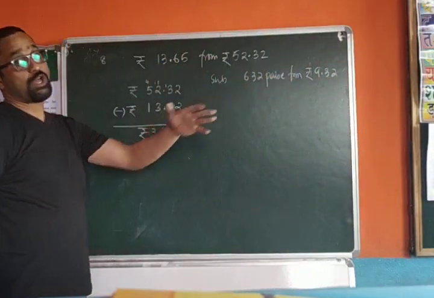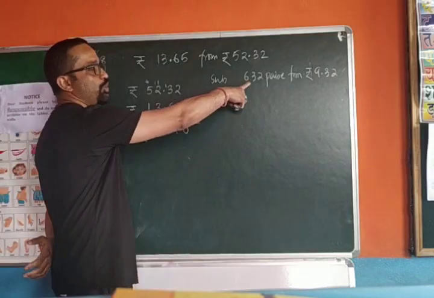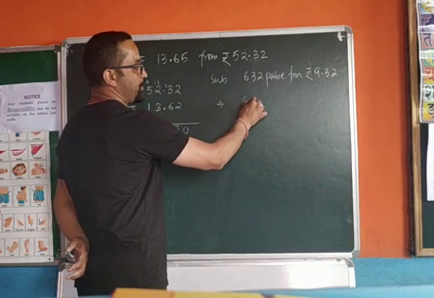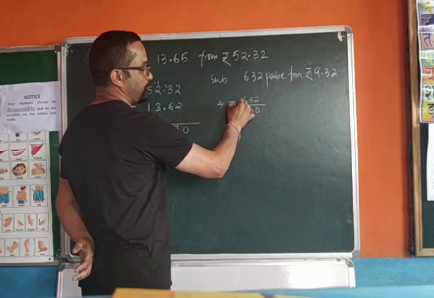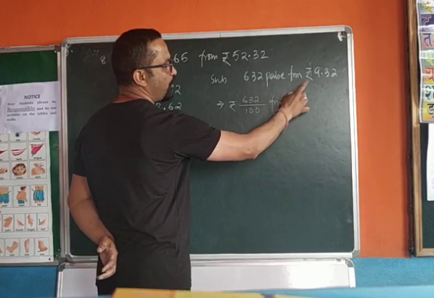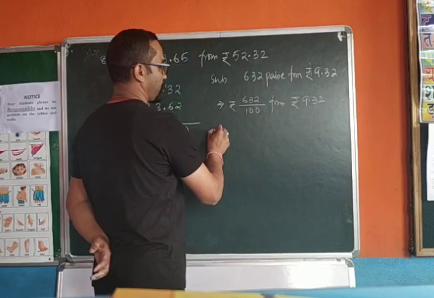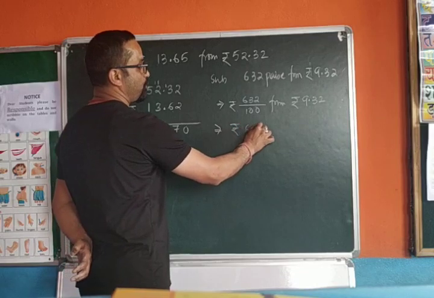You cannot subtract paise from rupees directly. So what you have to do, change this paise into rupees first. 632 divided by 100 from the copied 9.32. Then again you change this to rupees 6.32.